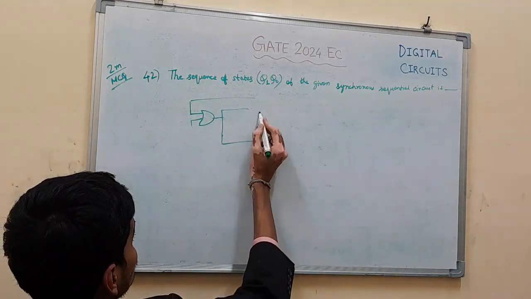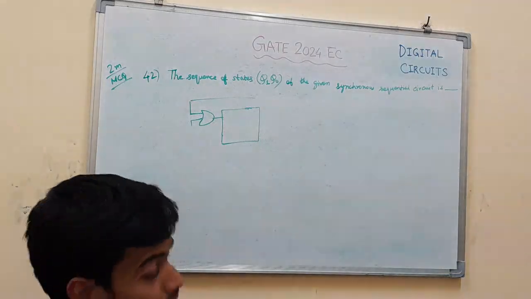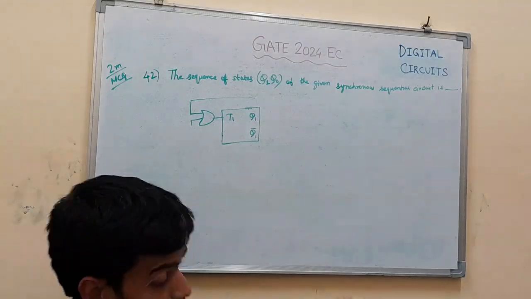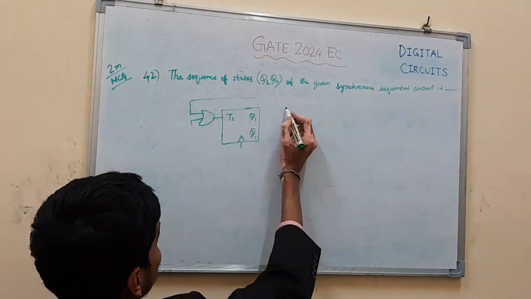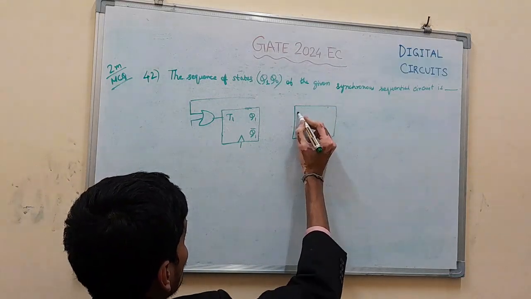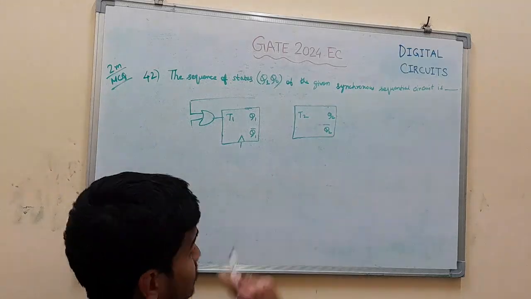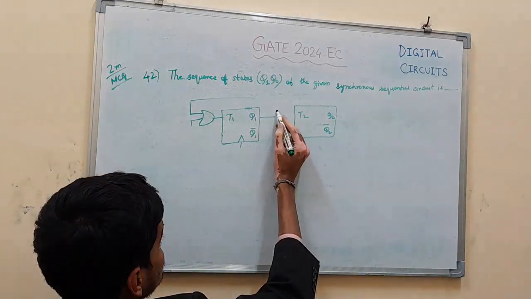Two T flip flops are given, T1 with its clock input, and another T flip flop T2, with Q2 bar connected like this.